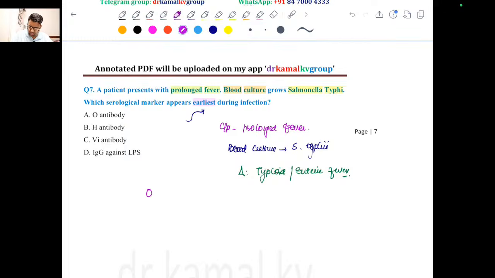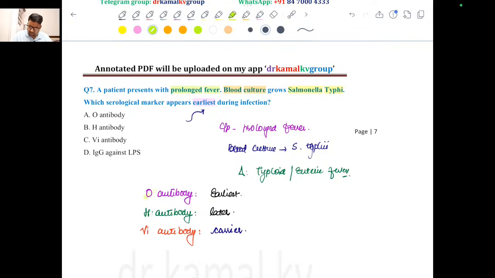One is obviously O antibody, then second is H antibody, and the third one is VI antibody, right? What you need to remember, O is earliest, H is later, and VI is for carrier. Clear? So your answer will come out to be O antibody.